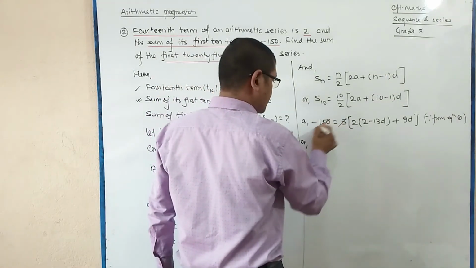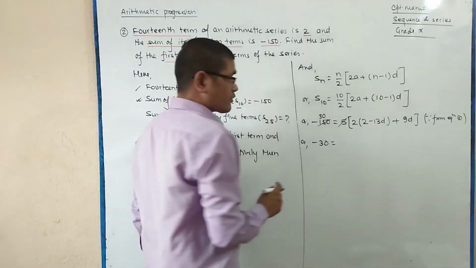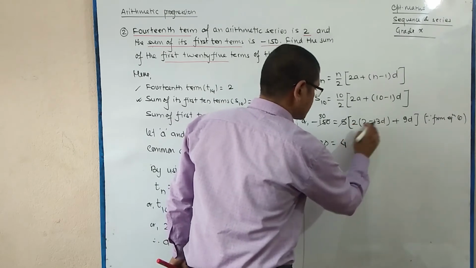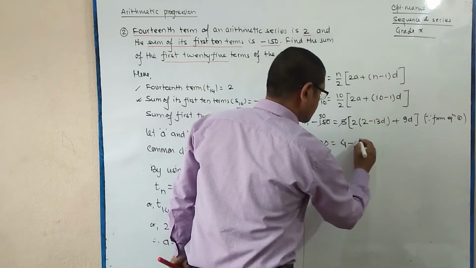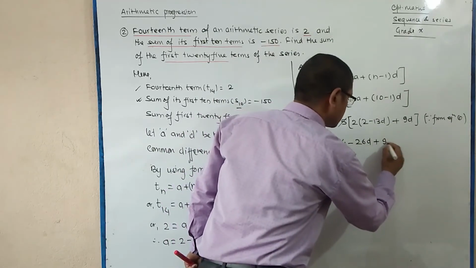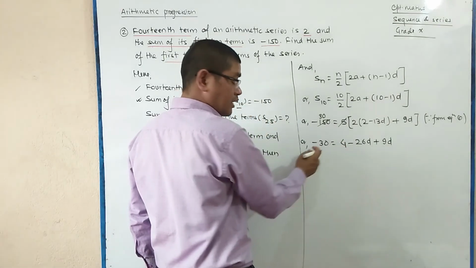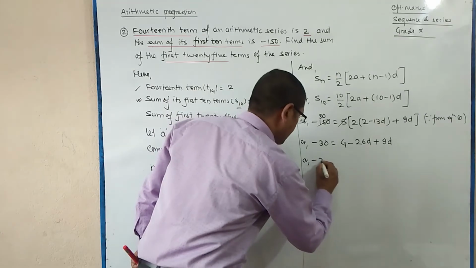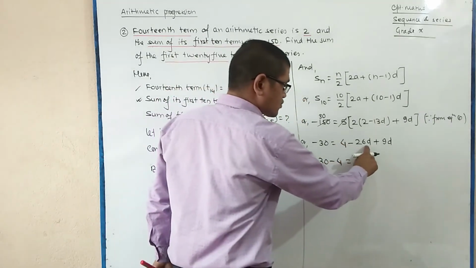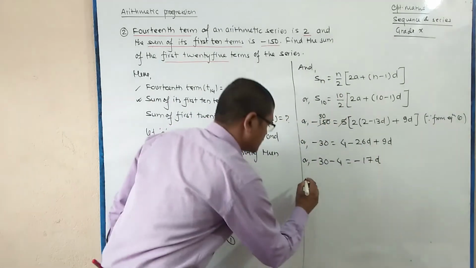So 5 times 3 is 15, with the zero, means minus 30. Now let's open the bracket here. 2 times 2 means 4, plus, minus, 2 times 13 is 26D, plus 9D we have here. We can bring this 4 towards the left, so that minus 30 minus 4, and here minus 26D plus 9D means minus 17D.